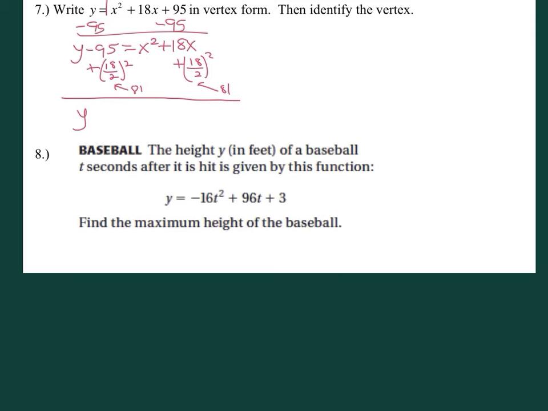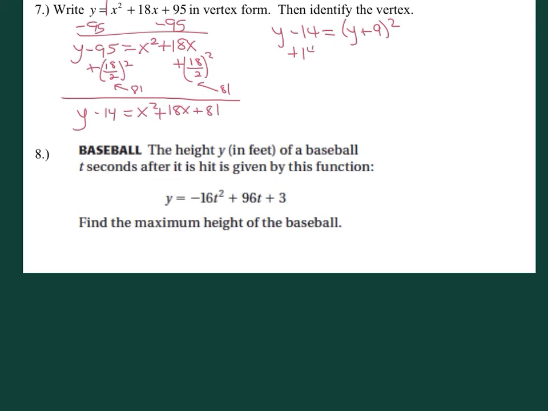So y, negative 95 plus 81 gives me negative 14. Over here I'll have x squared plus 18x plus 81. So if I factor that right-hand side, I'll have y plus 9 quantity squared.